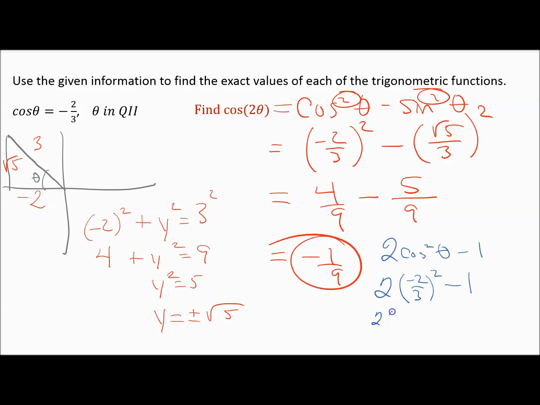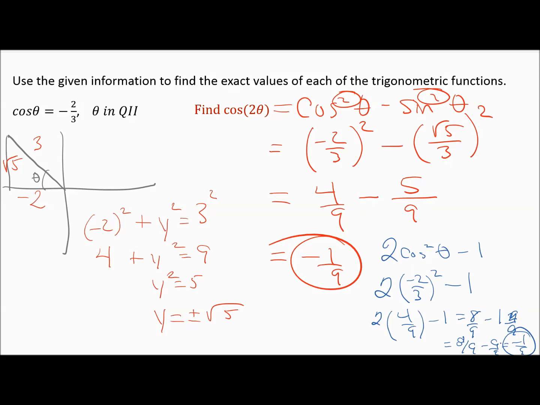That's going to be 2 times 4/9 minus 1, which gives me 8/9 minus 1. I need a common denominator, right? So I'm going to multiply this guy by 2. No, I'm not. How about by 9/9? Okay, so it's going to give me 8/9 minus 9/9, surprise, -1/9.